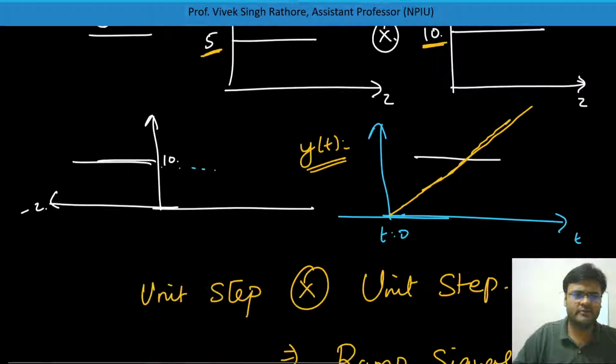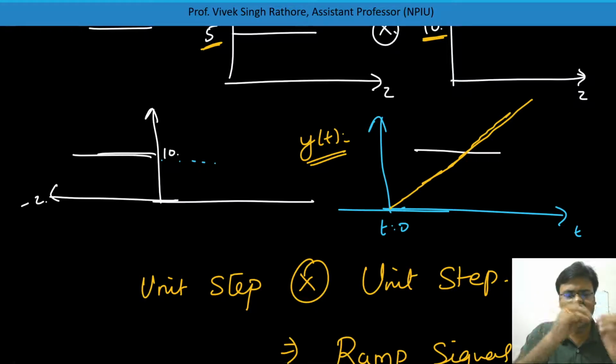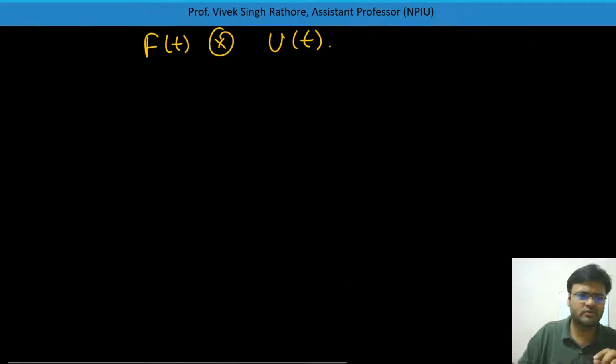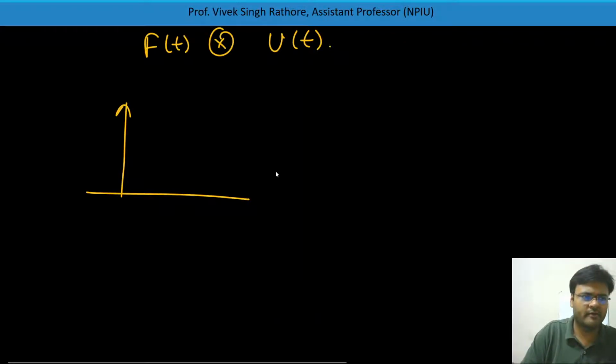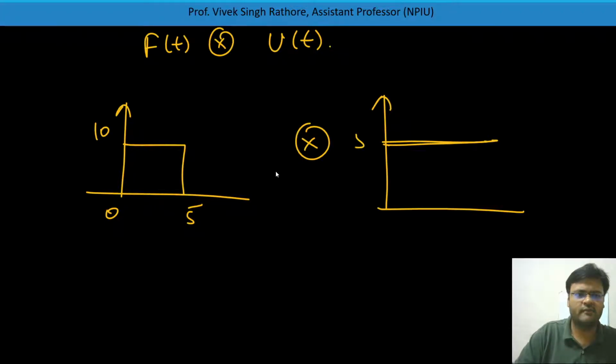Whenever one normal signal and another unit step signal are convolved, let's suppose this value is 10, from 0 to 5, and it is convolved with this h(t); this is x(t).